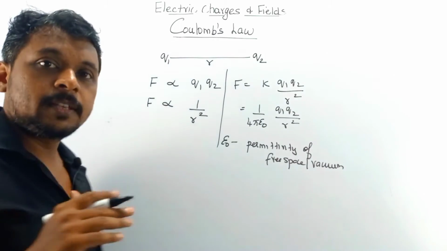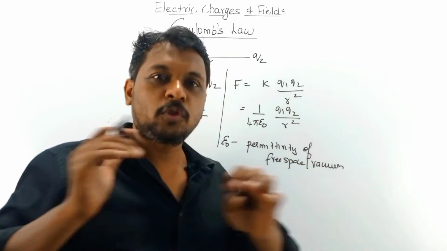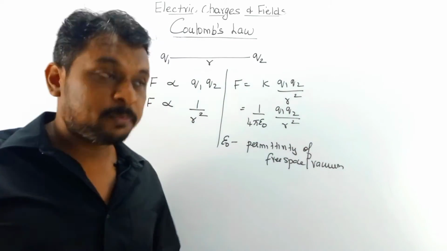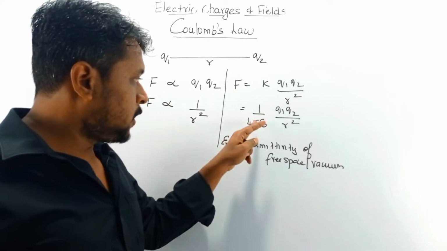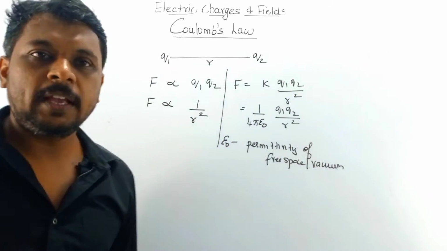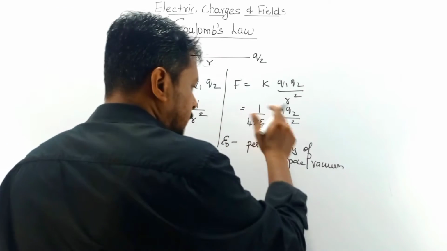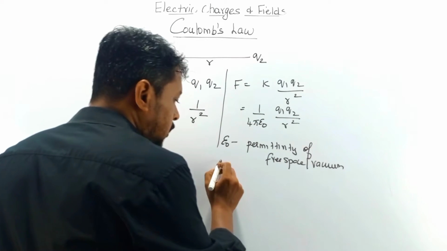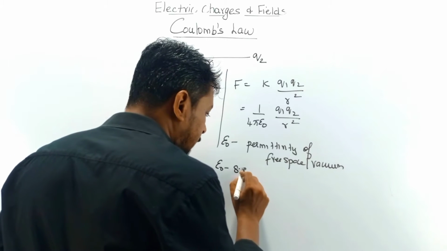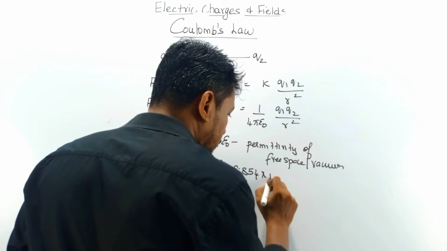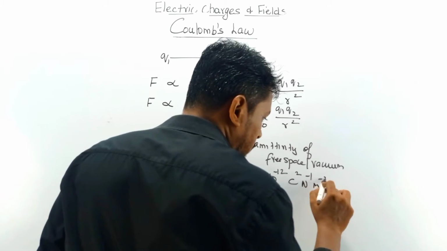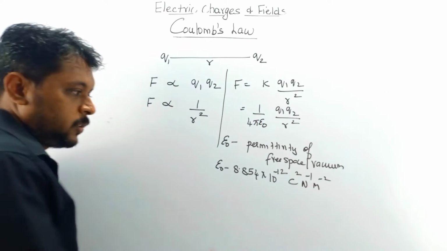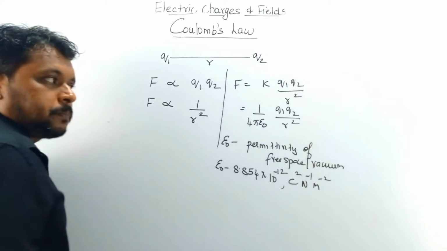It represents the permission allowed for the force to travel. This term, 1 by 4 pi epsilon naught, represents the permittivity of free space, and the value of epsilon naught is 8.854 times 10 to the minus 12 Coulomb square per Newton, which is the unit of this value.